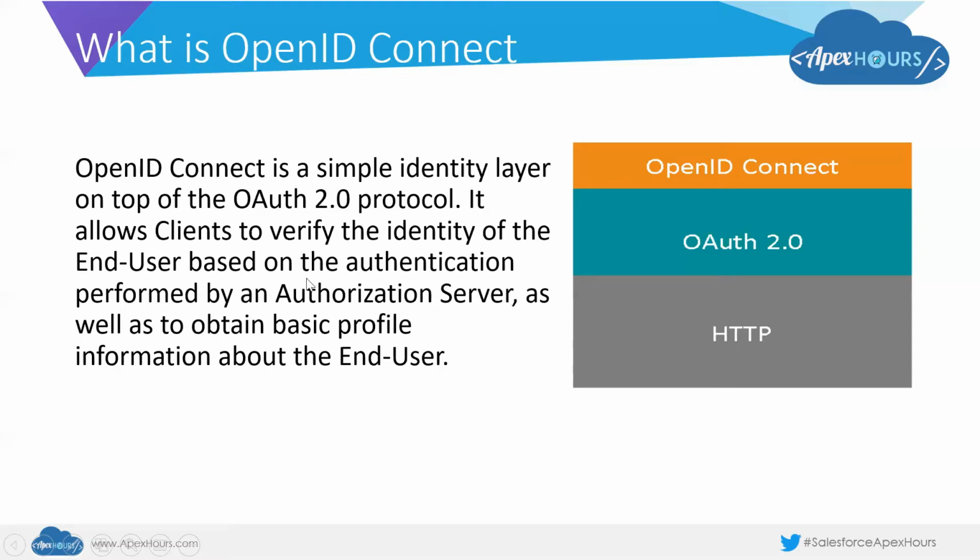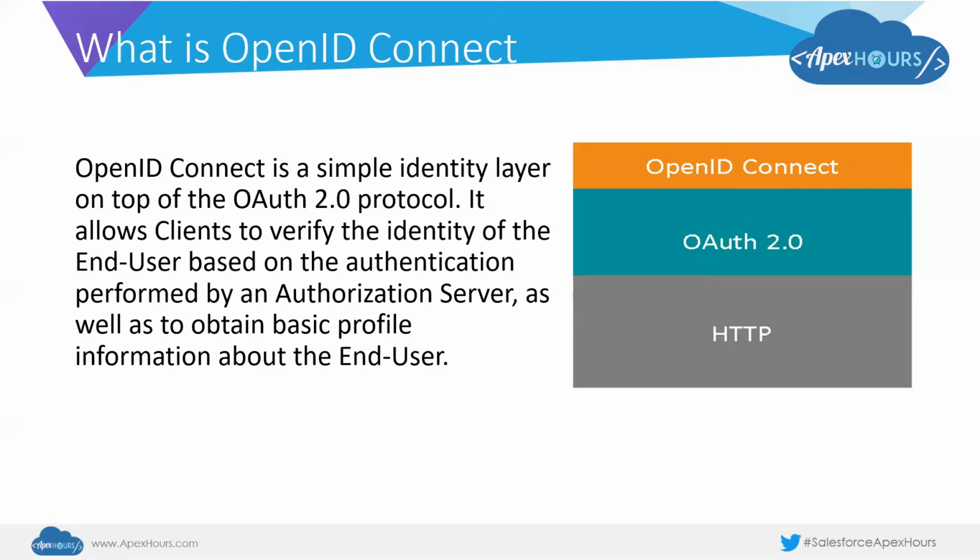It verifies the identity of the end user based on the authentication performed by the authorization server, as well as obtains the basic profile information of the end user. This is another important thing. In OpenID, we get an additional endpoint once you are authenticated, once your credentials are validated. Once you get the ID token and the access token, you get an additional resource in OpenID, which is the /user-info resource, which gives you the end user's information.